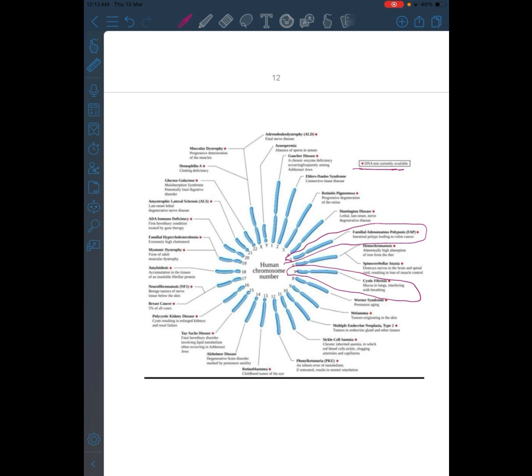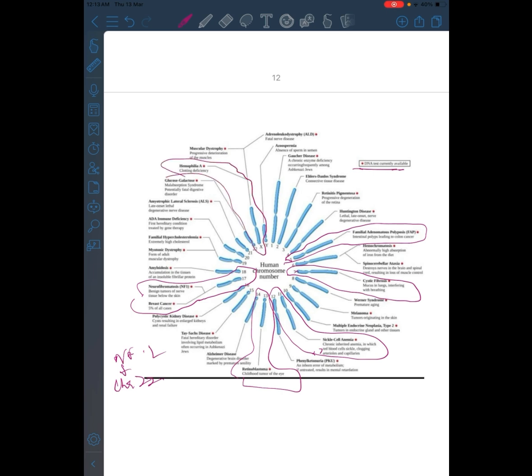And then you have to remember sickle cell anemia, chromosome 11, retinoblastoma, chromosome 13, and NF1, which is chromosome 17, also with 5% cases of breast cancer. NF2 is seen with which chromosome? Chromosome 22, which is not mentioned here. Also remember hemophilia A, which is an X-linked disorder.